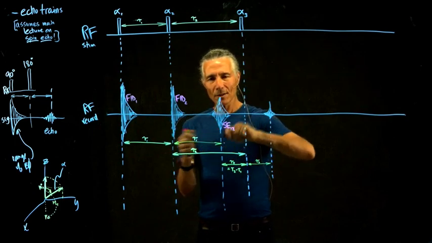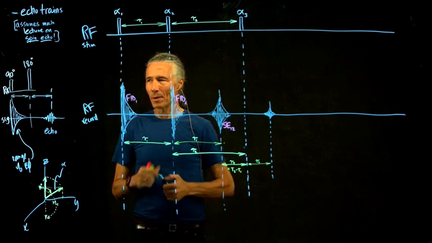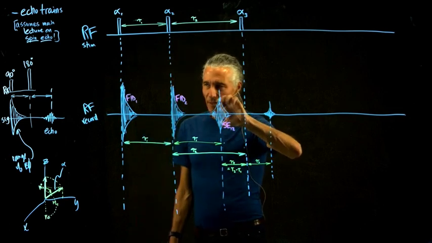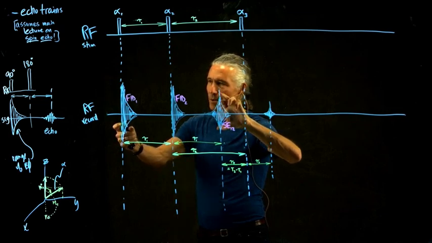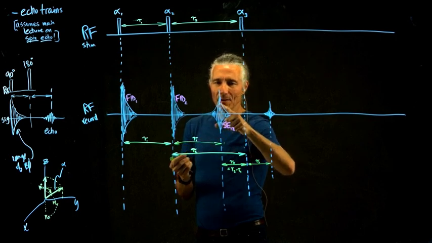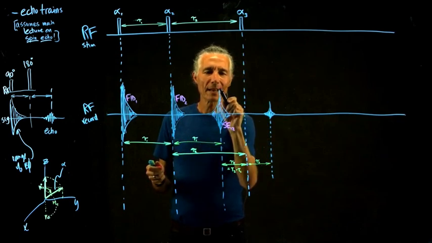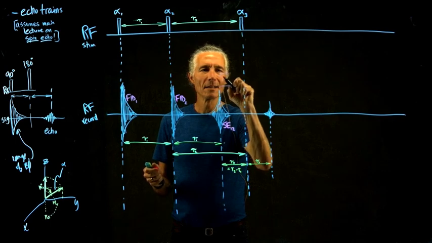But if you look at the structure of this spin echo, it looks like we did another RF pulse, because it looks like everything's in phase at the very center of the echo, and that's exactly what the RF does to all the protons. It sweeps them up and gets them all in phase with each other. And so the second half of this is just like an RF pulse.